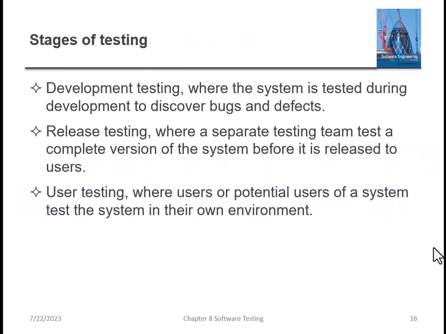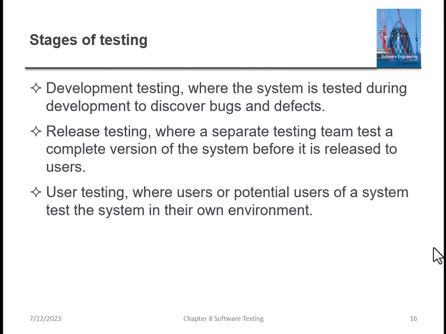Now let's discuss the stages of testing. Development testing, where the system is tested during development to discover bugs and defects. Remember that there is a difference between terminologies. When we say bug, it is from the developer's perspective.